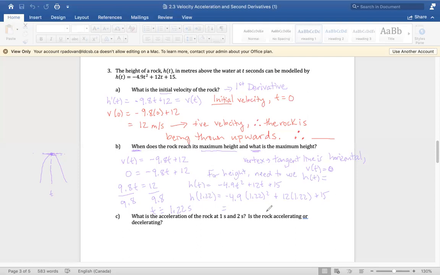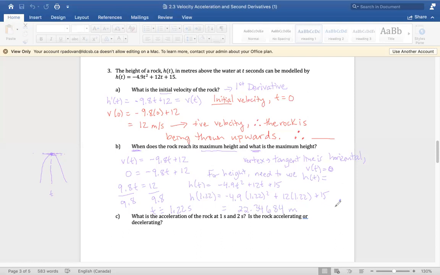Okay, so you have 1.4884 multiplied by negative 4.9. 12 times 1.22 is 14.64, and then you're going to add 15, and you should end up with an answer of 22.34684, and that's height, so that would be meters.